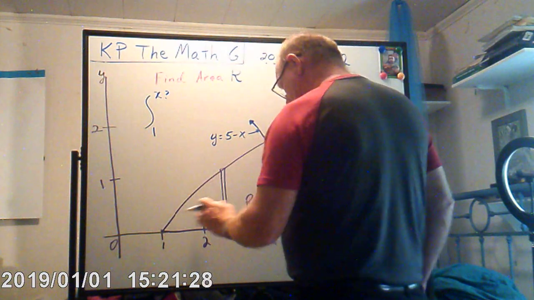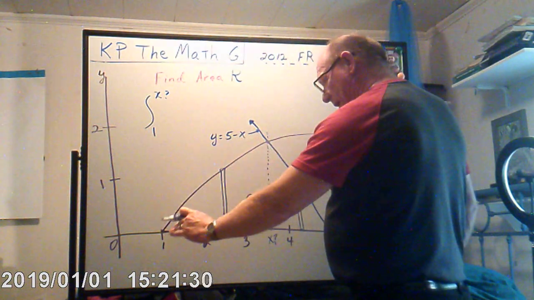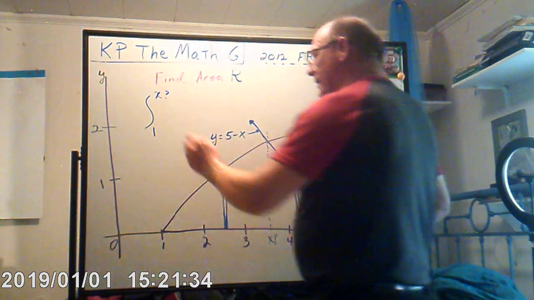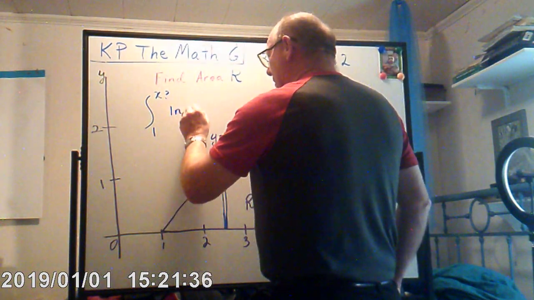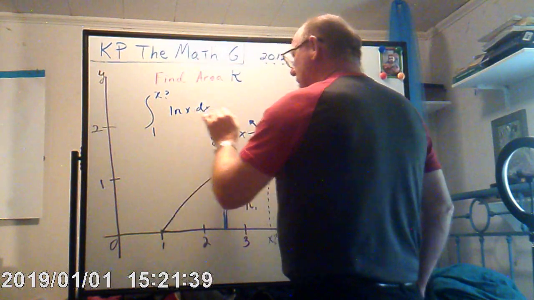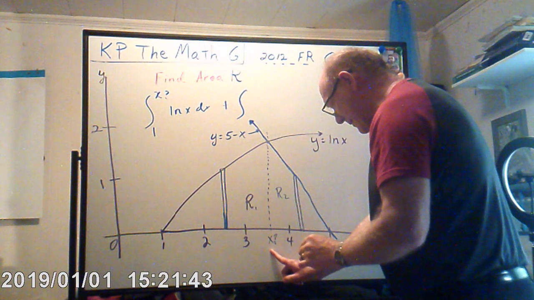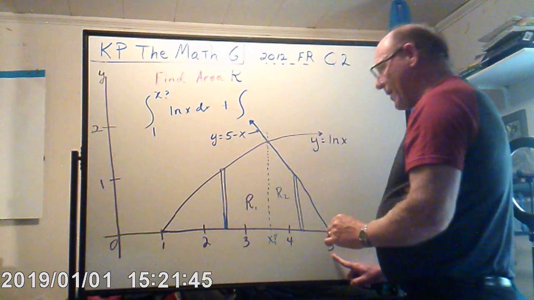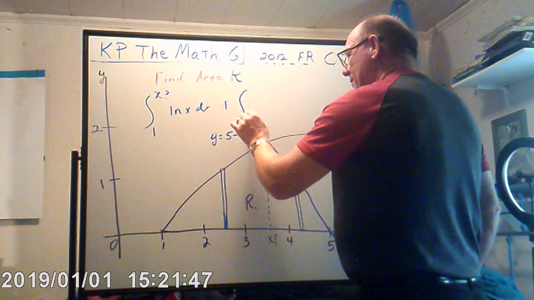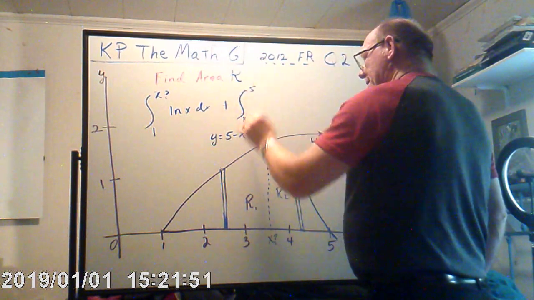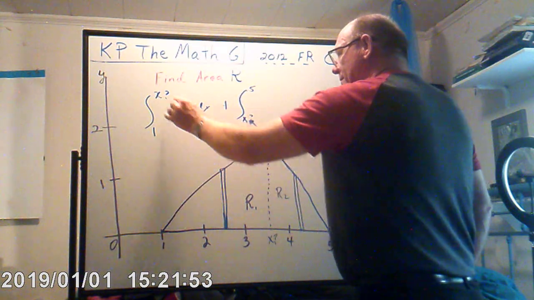Of course we're dealing primarily with this curve, which is ln of x, so ln of x dx. In addition to that, you are going from this x to 5. Maybe we call it x1, whatever.